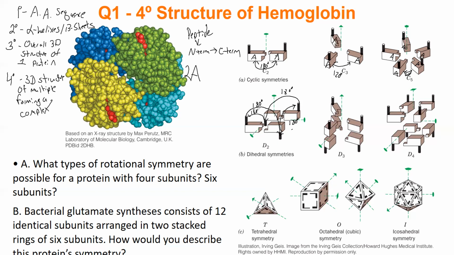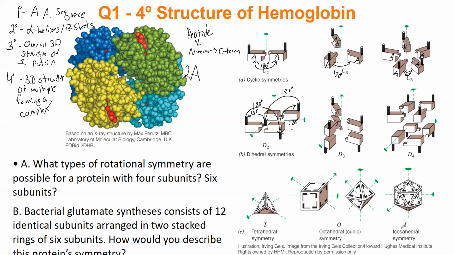So all this image is trying to show you is that for quaternary structures, there are limits imposed on how we can combine peptides that are the same. They have to have these symmetries. And it gets much more complicated when you're talking about things like tetrahedral symmetries or cubic symmetries or whatever icosahedral symmetry is supposed to be.